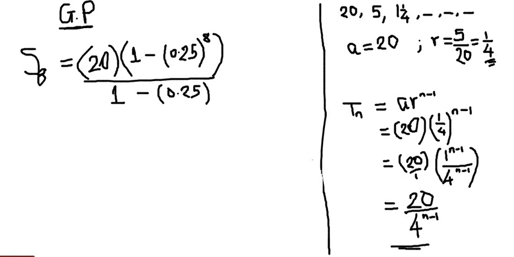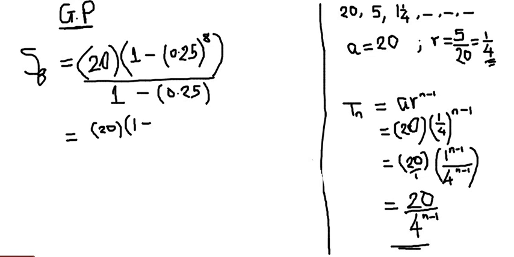You can use 1/4 and still get the same answer. So now on the numerator part, we have 20 times 1 minus 0.25 to the power 8.